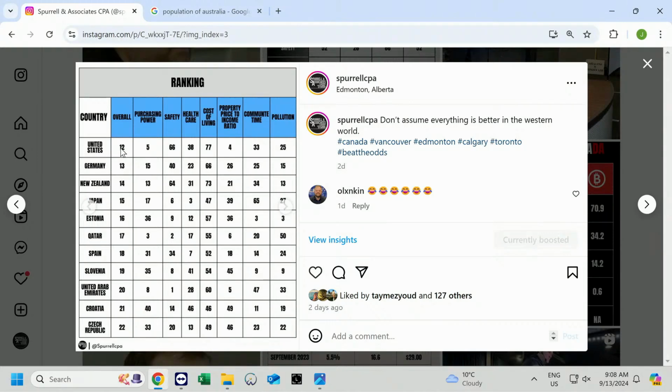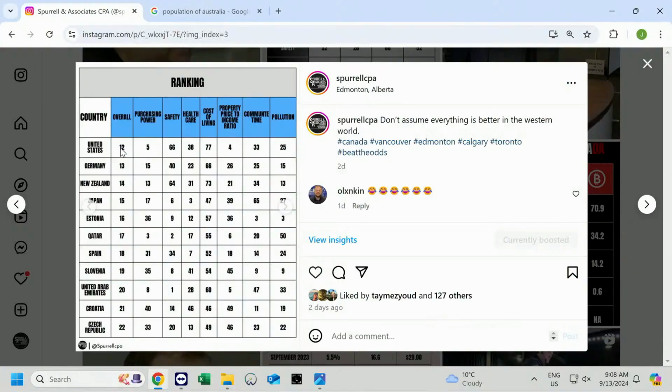You see the first 3 countries on this list who have larger populations than Canada who rank above them: United States, Germany, Japan. So United States at 12, Germany at 13, Japan at 15, okay?